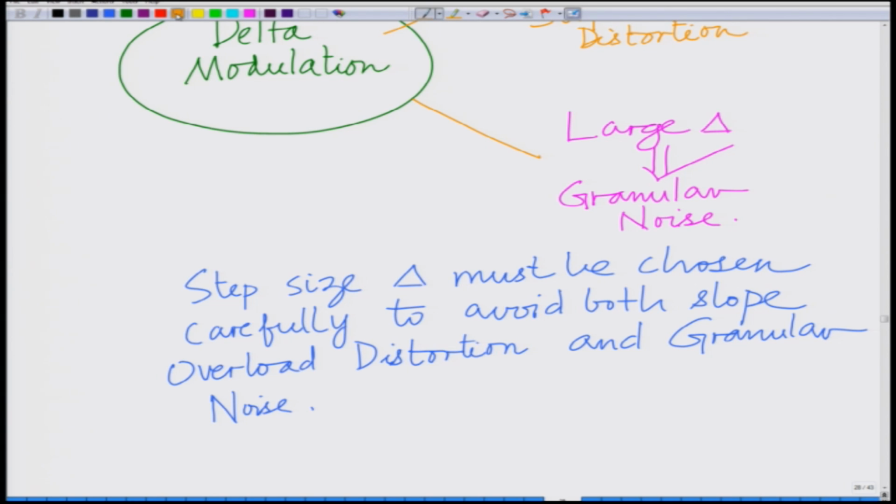Now, one particular scheme which adaptively chooses this delta size depending on the signal is adaptive delta modulation.